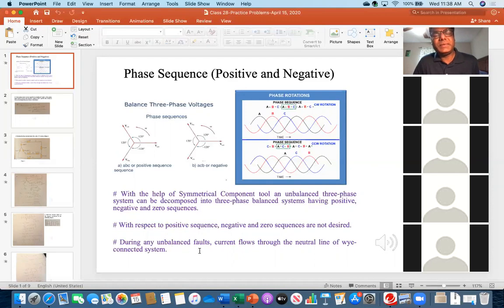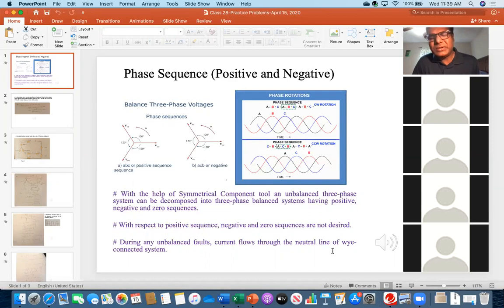If there is any unbalanced fault and if the system is Y connected, because a Y connected system has neutral, that zero sequence current will flow through the neutral. And as you can guess, the consequence is that the neutral will be overloaded.